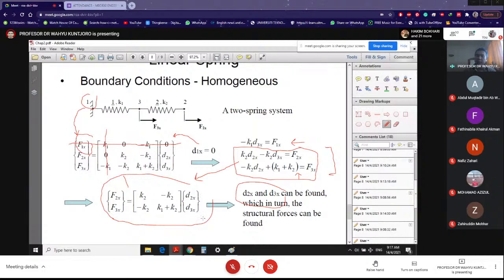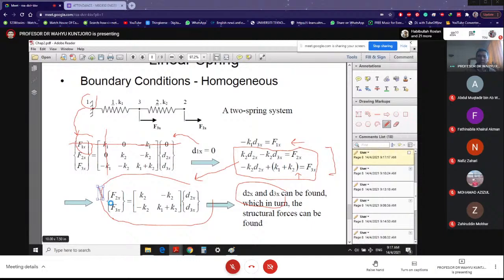Why can you solve D2x and D3x? Because you know the value of F2x and F3x. It is given. You see here, it is given. Meaning, D2x, D3x can be found. Once you know D2x, D3x, okay, you got your displacements. That's number one. Then you can find the support reaction by doing this equation.